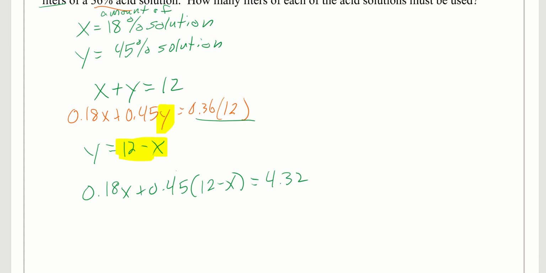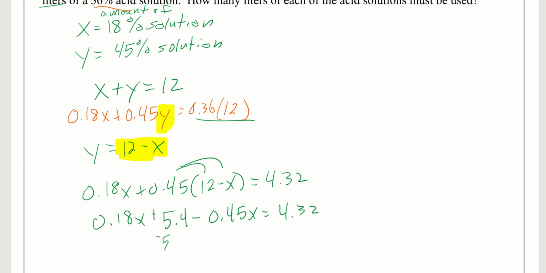Okay. Once we've done this, yes, it's not super pretty numbers, but it's the same exact process. So 0.45 times 12 is 5.4. And then this is minus 0.45x, and we already have this guy here.